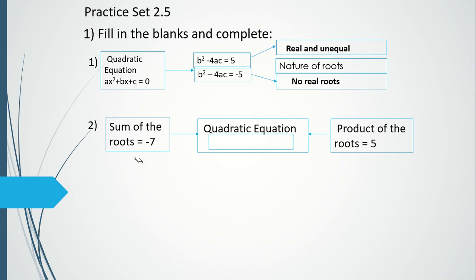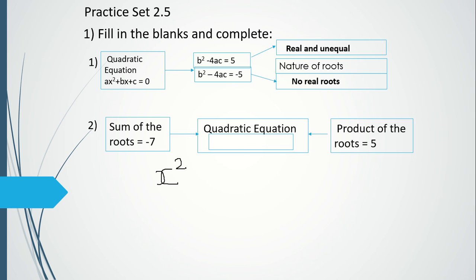Second question. Sum of the roots is minus 7 and product of the roots is 5. So in that case you have to form the quadratic equation. So I told you just now we have learnt one formula. We have to make use of that formula. You can choose the variable anything.